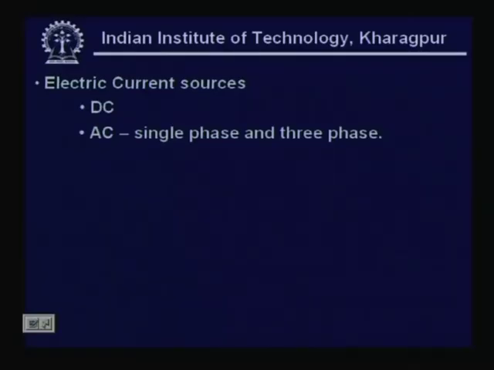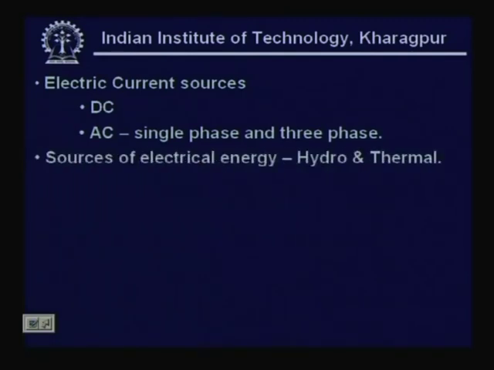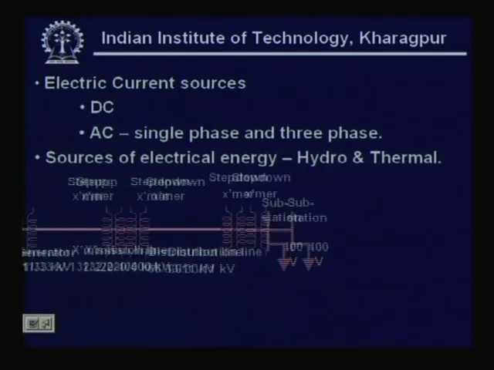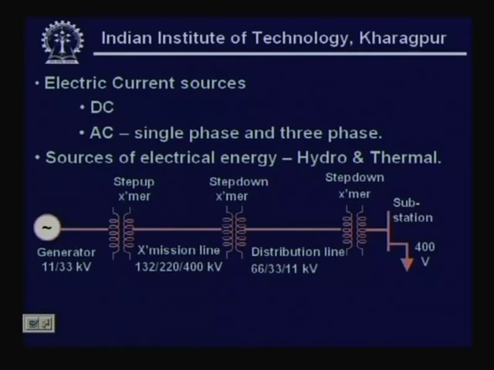Electric current sources, DC or AC: we are trying to recall what has been done about the electrical current sources. They are either from hydro or thermal, and the picture here depicts the complete power system.